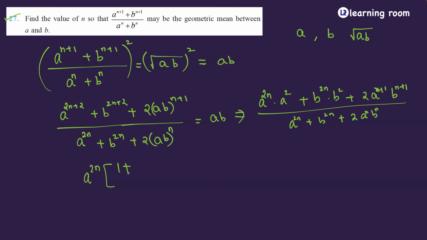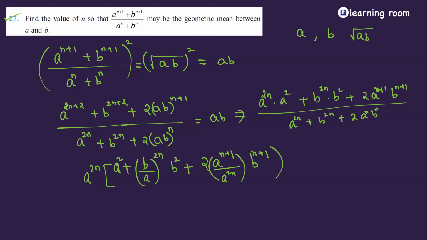Let's try and see. So it is going to be 1 times a square plus, it's not b square, b by a the whole power 2n times b square plus, what are we going to get? 2 times a power n plus 1 divided by a power 2n into b power n plus 1, the whole divided by, here also I'll try to take out a power 2n common.